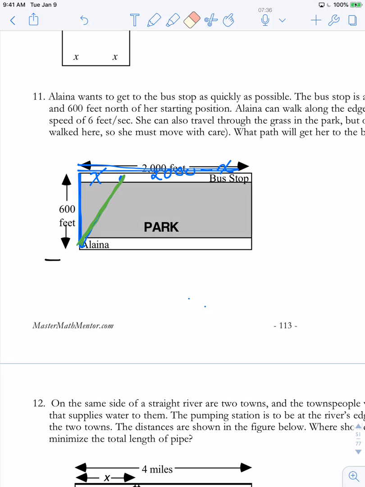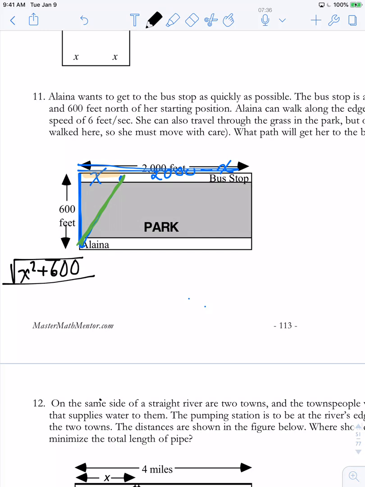Okay. So this part here for x, well, this is a right triangle. And this line here I have in green is the hypotenuse of that right triangle. So that's going to be just the square root of x squared plus 600. And that's the length that she'll be cutting through the park.